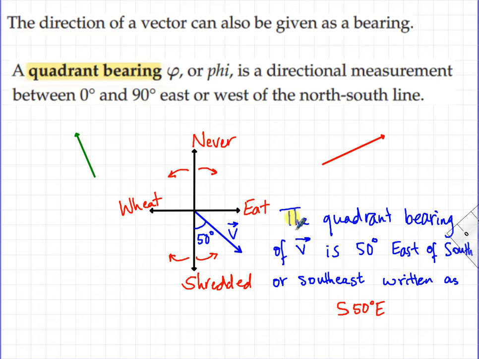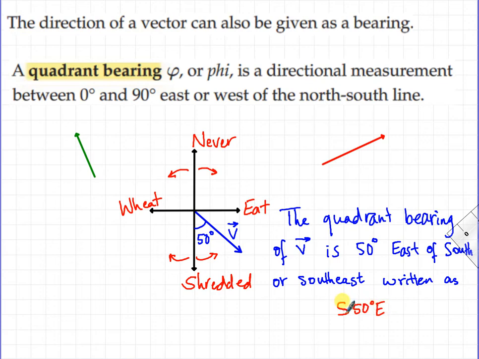For example, for this vector v, the quadrant bearing of v is 50 degrees east of south. So I'm 50 degrees away from south toward east, or we call it southeast, and it's written as 50 degrees east of south.